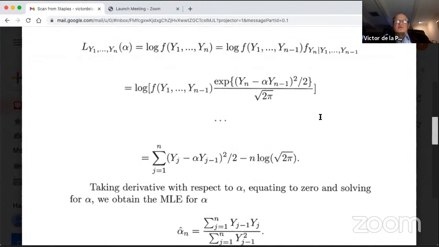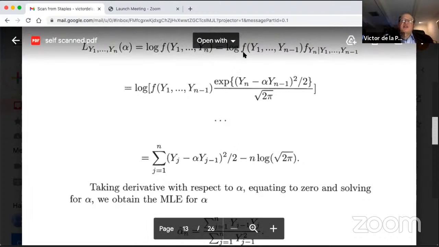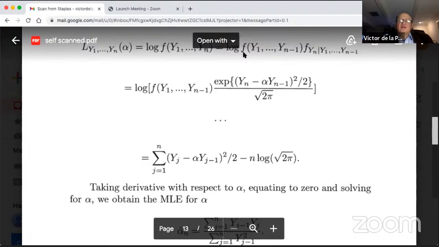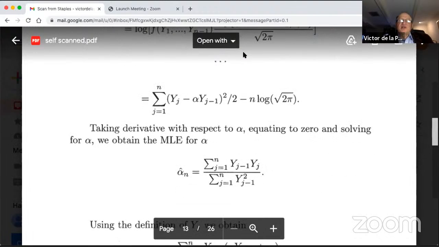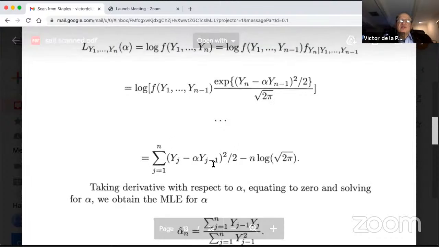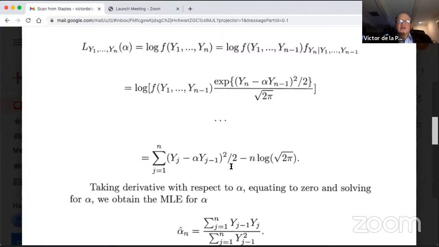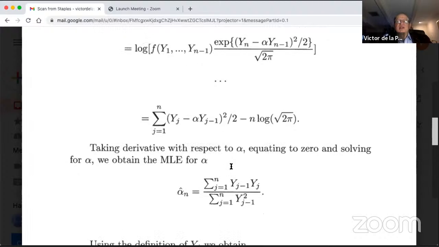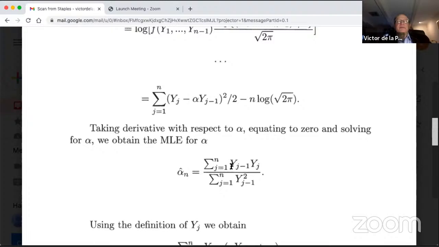So this is actually the log likelihood function, which when you rewrite it, because we have Gaussians, becomes this: the sum of (yj minus alpha yj minus 1) squared over 2, minus n log 2 pi.